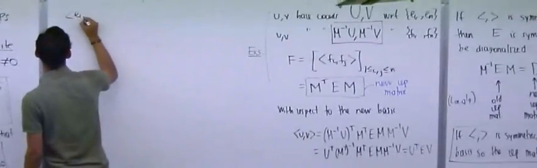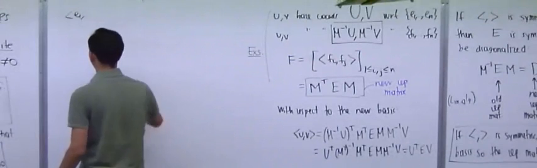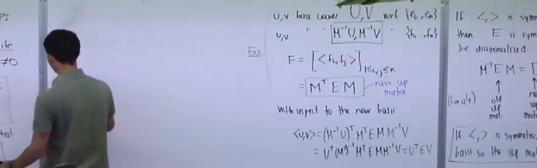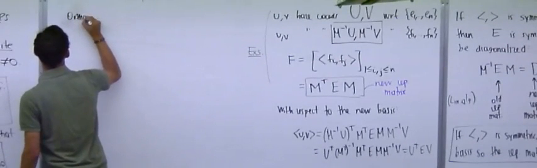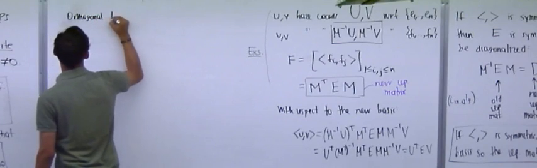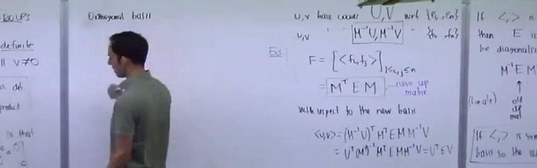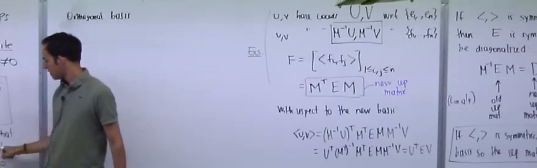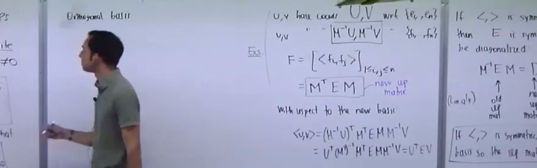I have some orthogonal bases, meaning that different basis vectors have inner product 0.